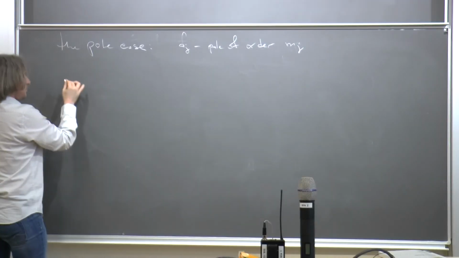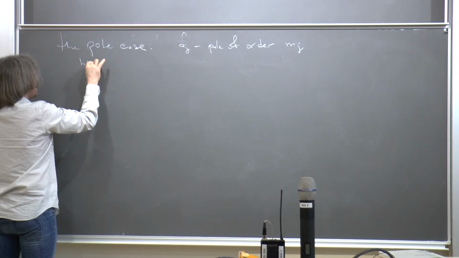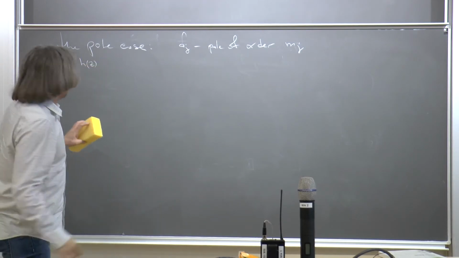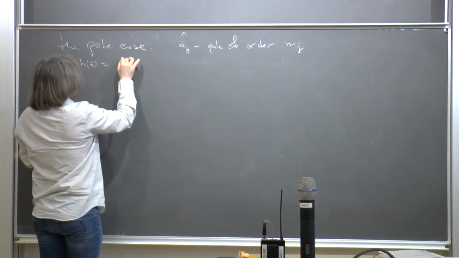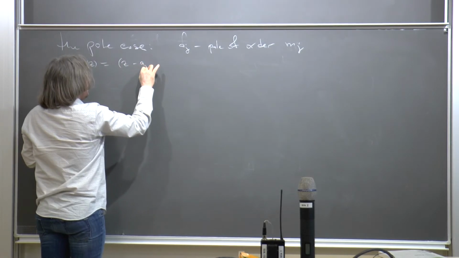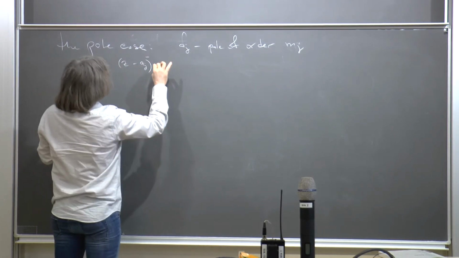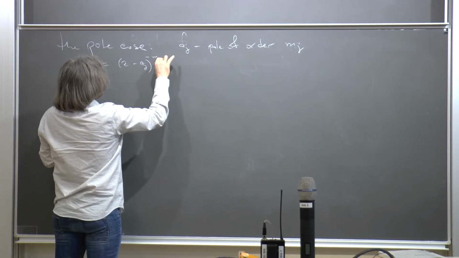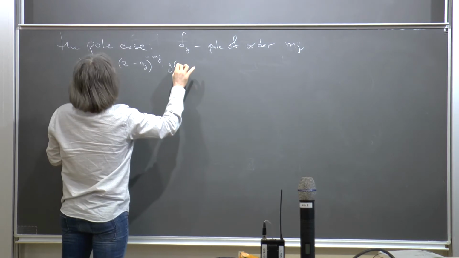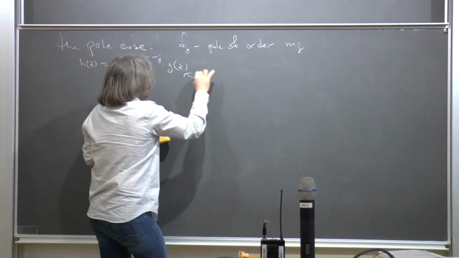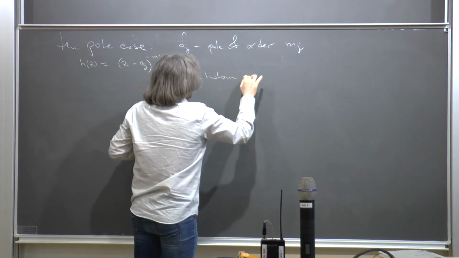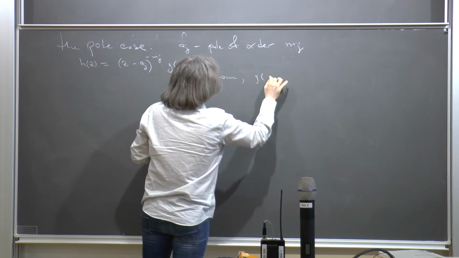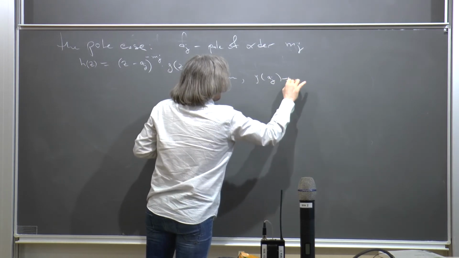Again, this means that in some neighborhood, h of z becomes (z minus a_j) to the minus m_j times g of z, where this is holomorphic and g of a_j is not zero.